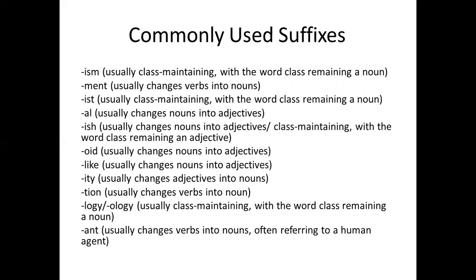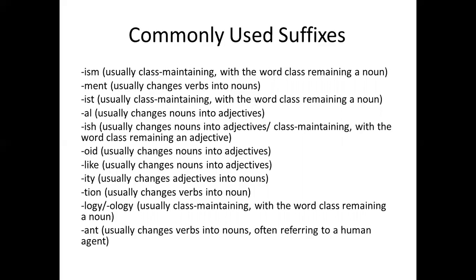Okay, then ment, I've already given an example. If we add ment to the word better, it becomes betterment, and that's of course a noun. Ist can of course also be used.